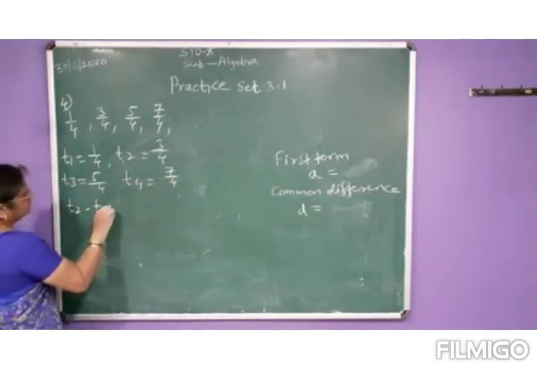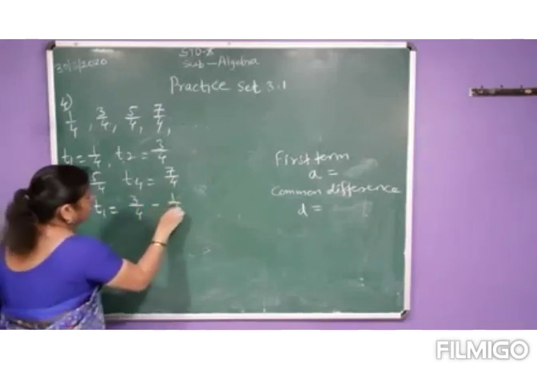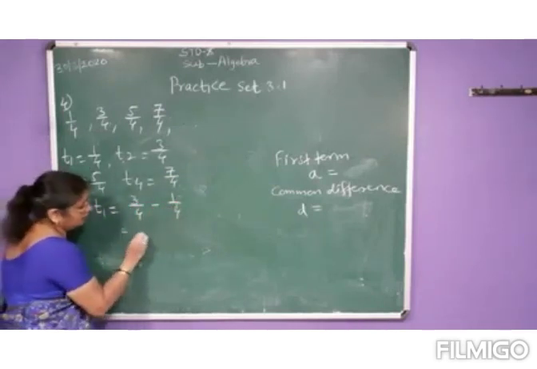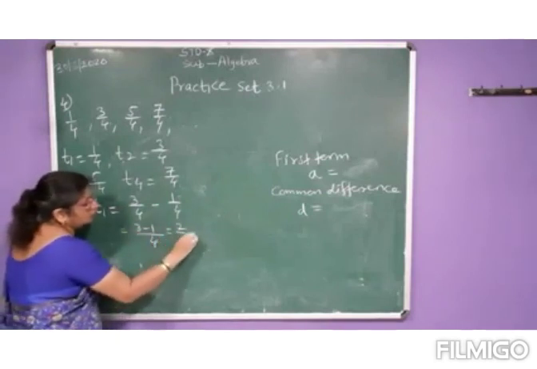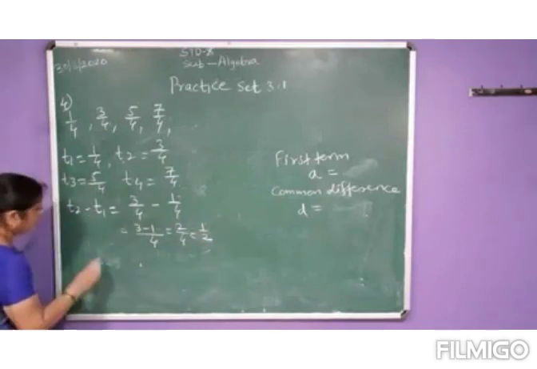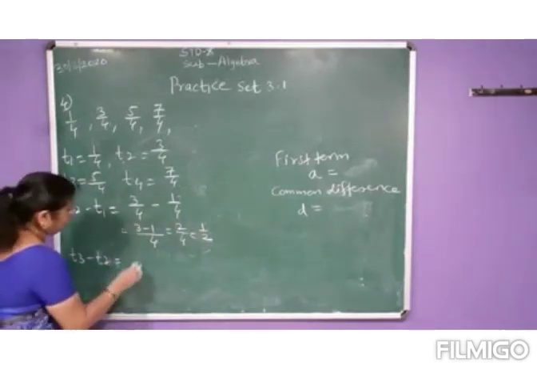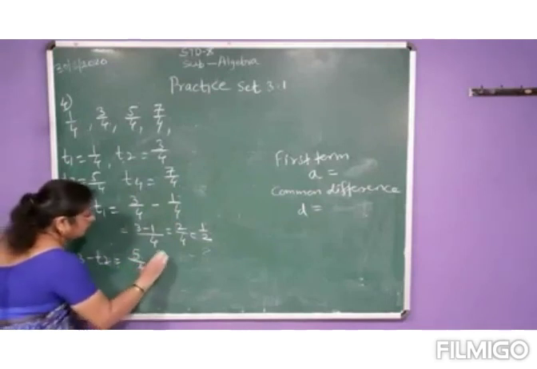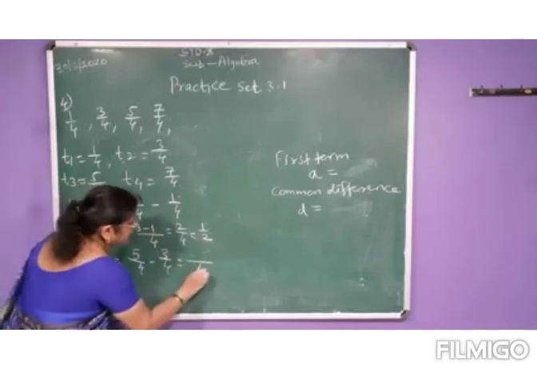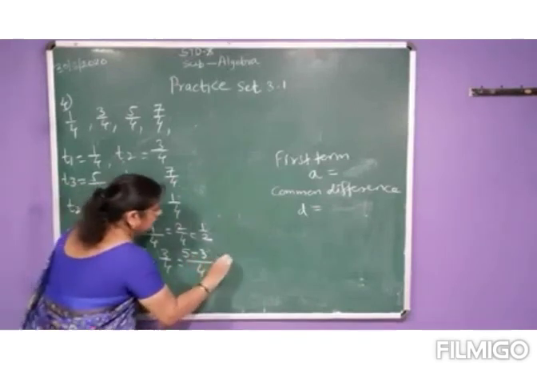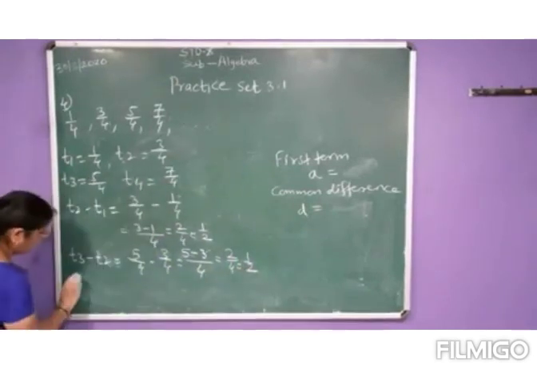T2 minus T1, so 3 upon 4 minus 1 upon 4. Now see here, the denominator is the same. 3 minus 1, 2 upon 4, so 1 upon 2. Then T3 minus T2, 5 upon 4 minus 3 upon 4, so 5 minus 3, 2 upon 4, 1 upon 2.